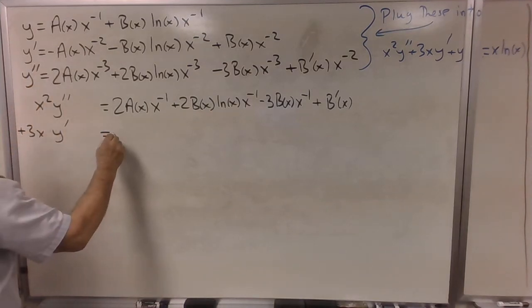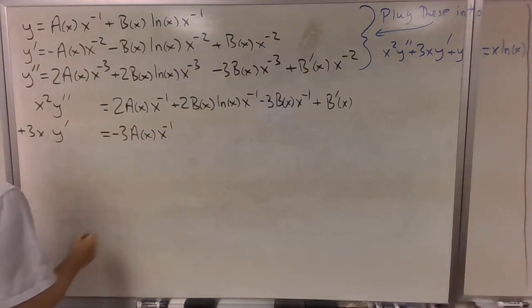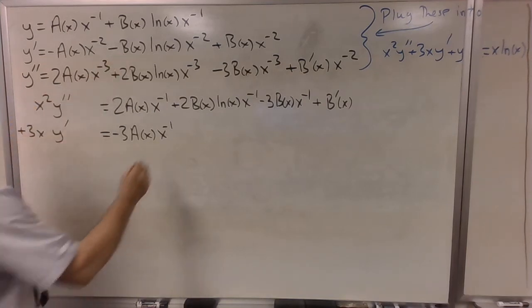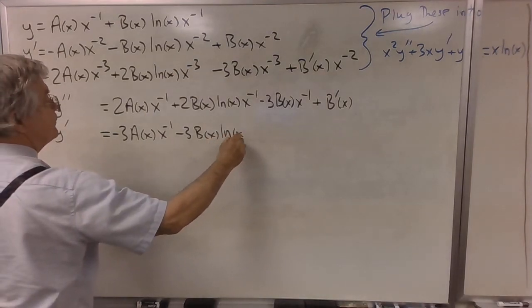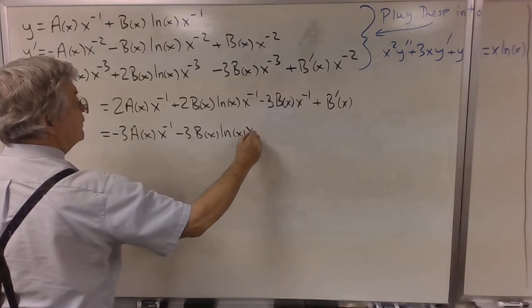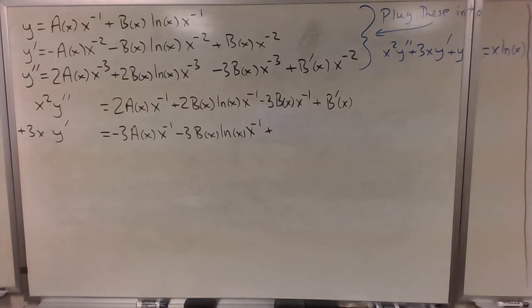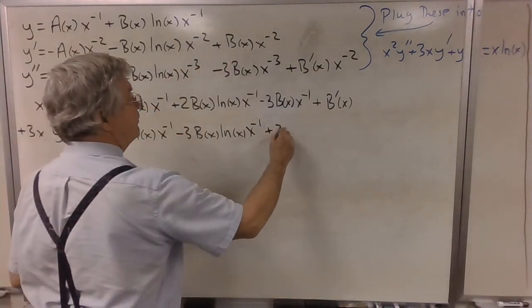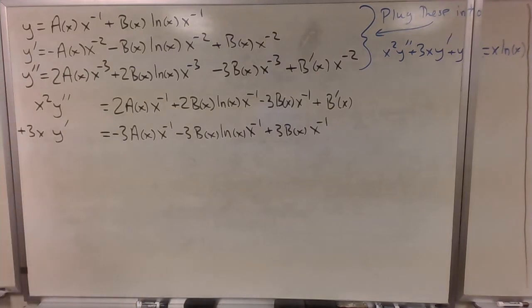So we'll have negative 3ax, x to the negative 1, minus 3bx, natural log of x, x to the negative 1, plus 3bx, x to the negative 1. I think that's what I want.